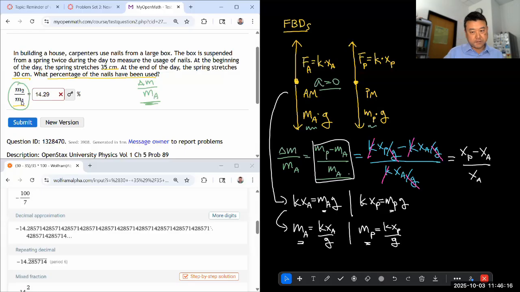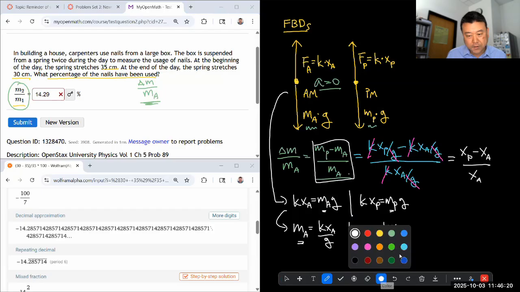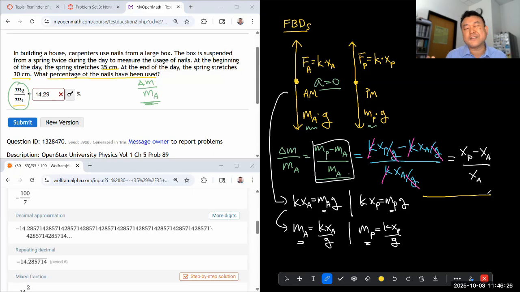Then I'm thinking through, imagining doing something similar. I'm not agreeing with how it's been done, but I'm just trying to get at the answer that the system will grade as correct. So if I'm trying to figure out what is MP over MA instead of the expression I had, then I think going through all the algebra, I'm just going to end up with XP divided by XA.